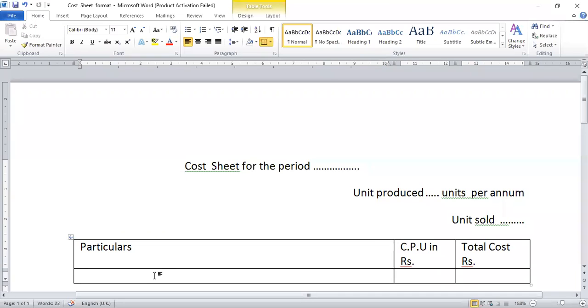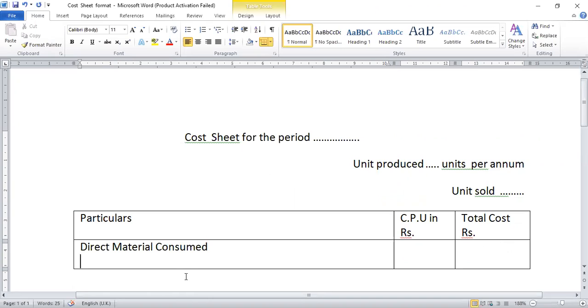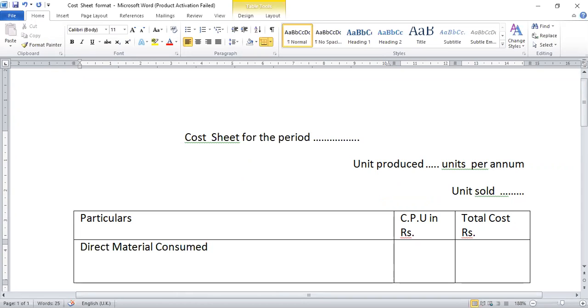The pro forma of cost sheet starts with direct material. Remember that this is a very simple format. So for direct material consumed, this is your direct material consumed. For direct material consumed, you may have a different format also, that we'll see afterwards. But now consider only direct material consumed.